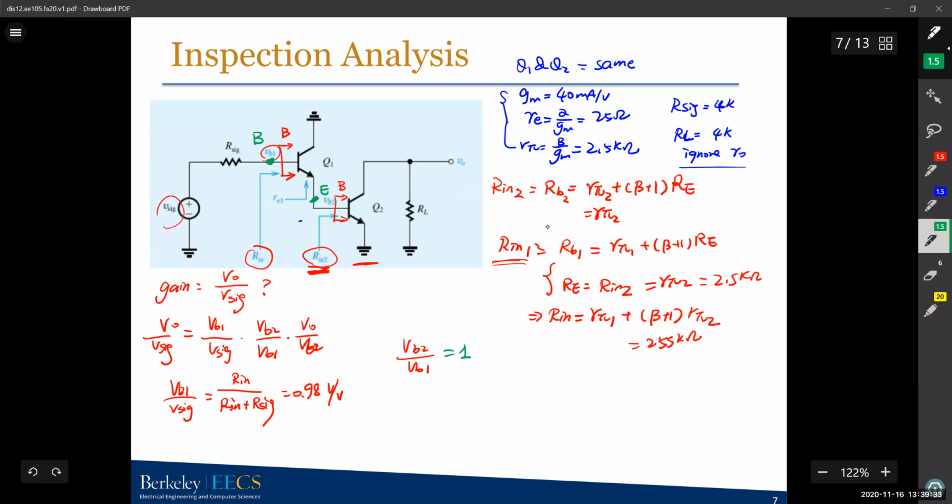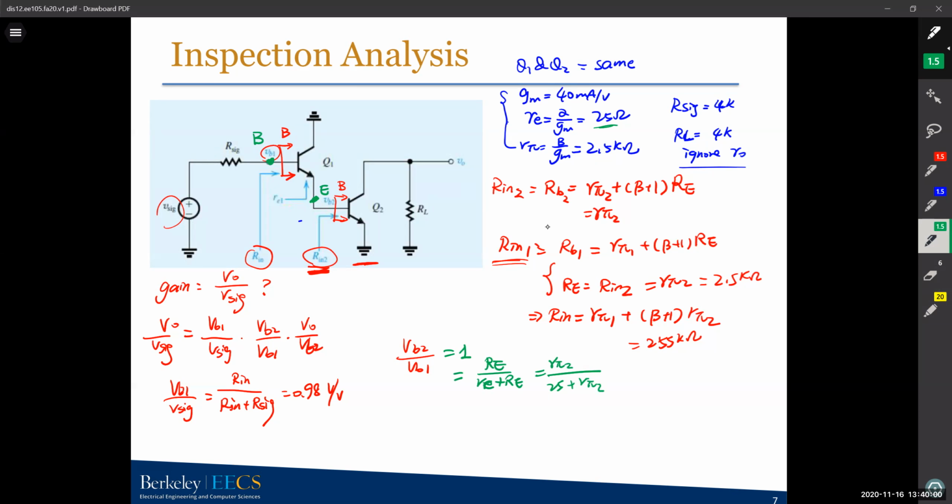Or if you want to be more specific or more accurate, this actually equals R capital E over R small e plus R capital E. Your R capital E is R pi 2, right? And your R small e is defined here as 25 ohms plus R pi 2. So this is very similar to 1.